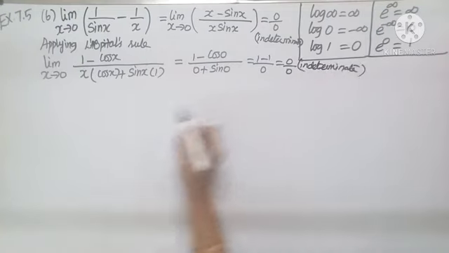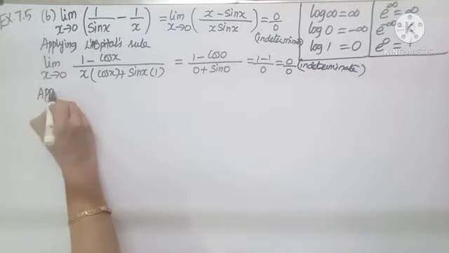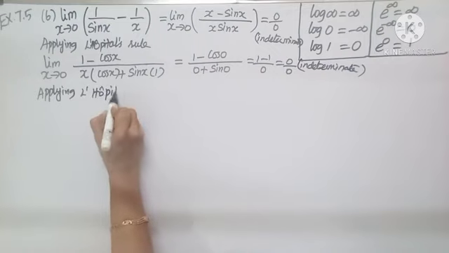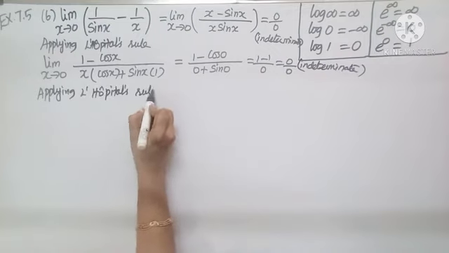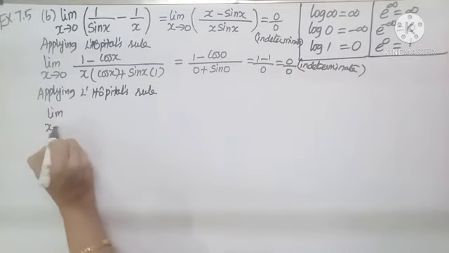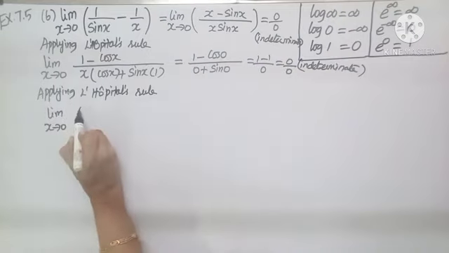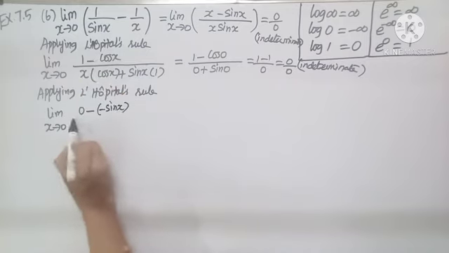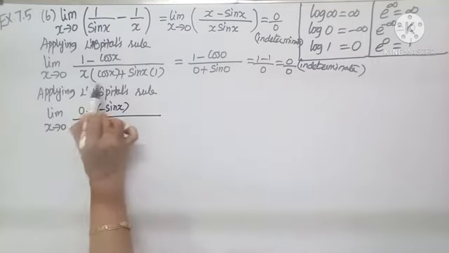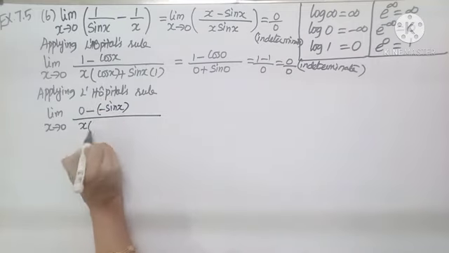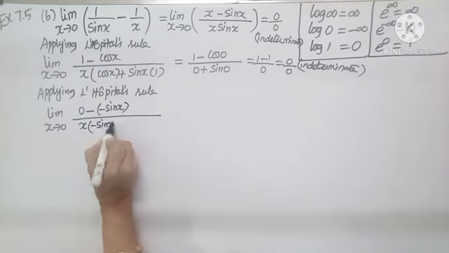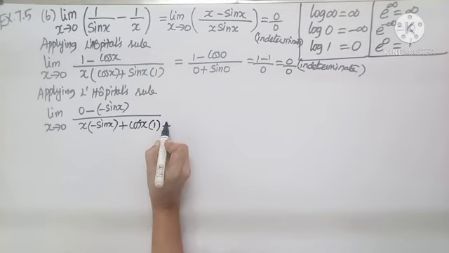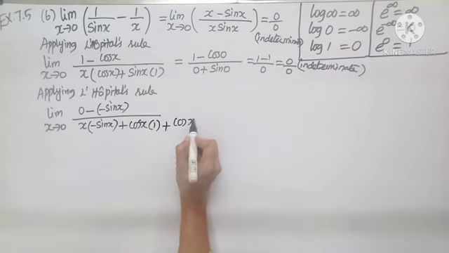That is also an indeterminate form. So again we are going to apply L'Hopital's rule. Differentiate the numerator separately and the denominator separately. Limit x tends to 0. 1 will become 0, minus cos x will become plus sin x, divided by x into cos x. Keep x, cos x will become minus sin x, plus keep cos x, x will become 1, plus sin x will become cos x.